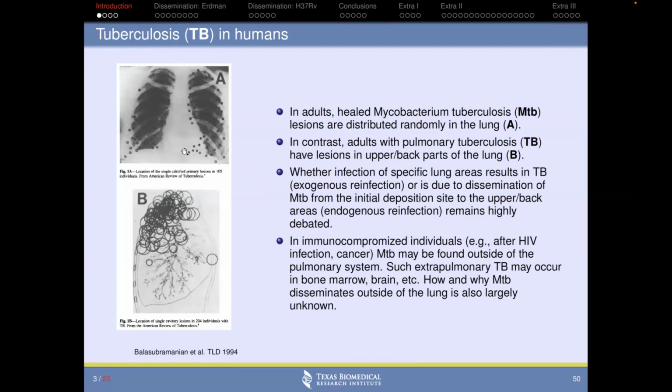So tuberculosis, I hope people have heard, is a disease caused by Mycobacterium tuberculosis. These are bacteria.